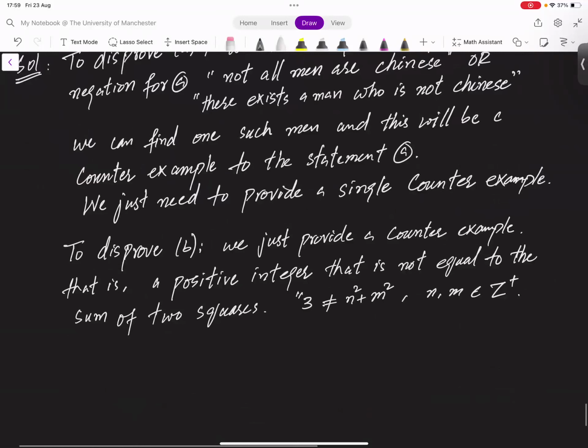Not the positive integers but the integers. So this is another way to prove.